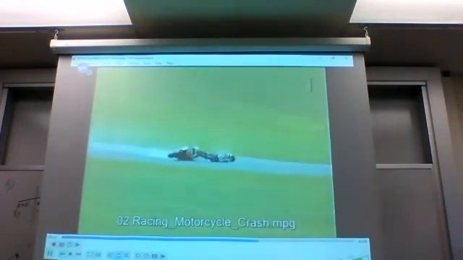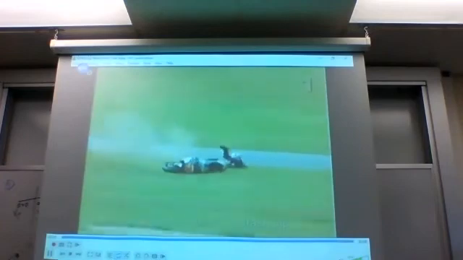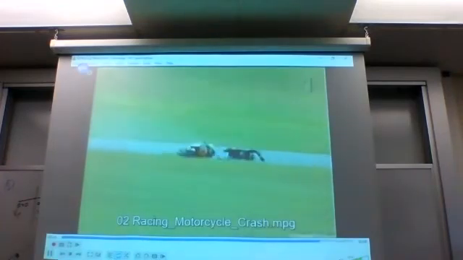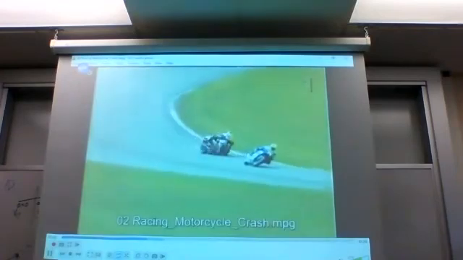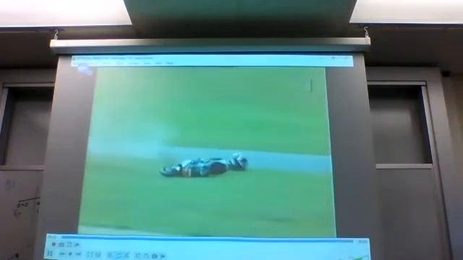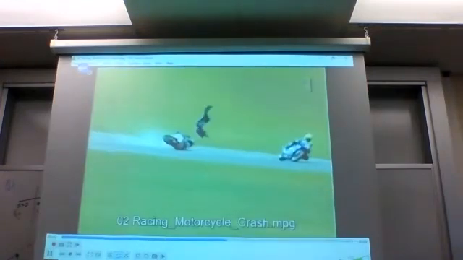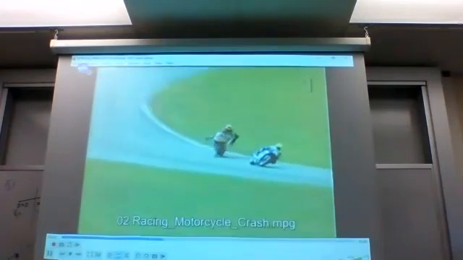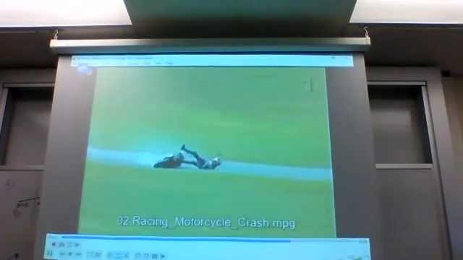You can see that he keeps going about the same speed as the motorcycle because an object in motion stays in motion. Anyone got another law you could apply? By the way, the key is that when I ask questions like this, all laws can apply all the time. So it's more interesting how you apply the law than if you pick the quote unquote right law.